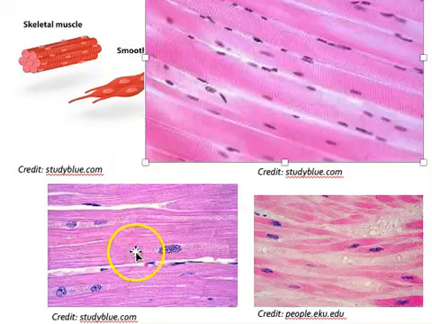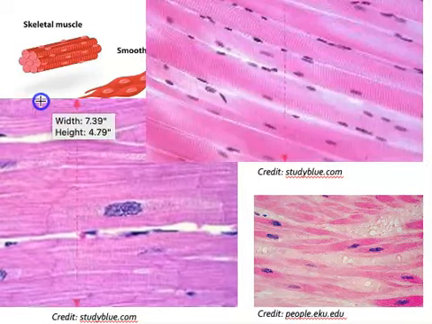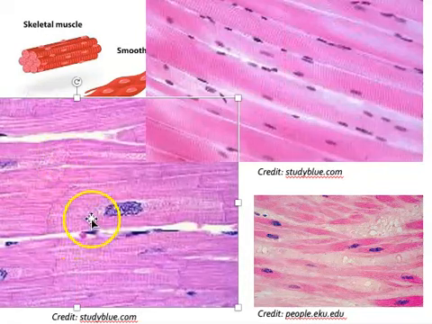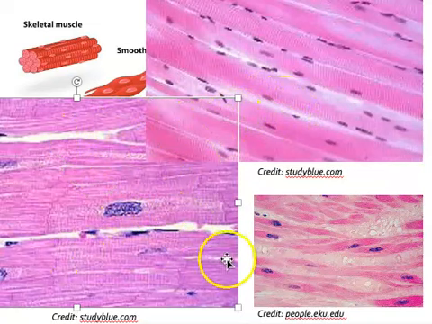Now compare that to this image down here, which is cardiac muscle. In some ways, it looks similar. You can see striations in here. But you can also see these very odd, strange-looking branches in areas.